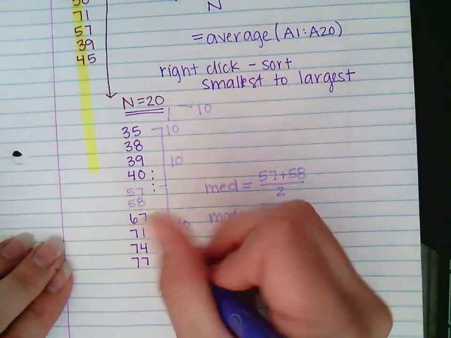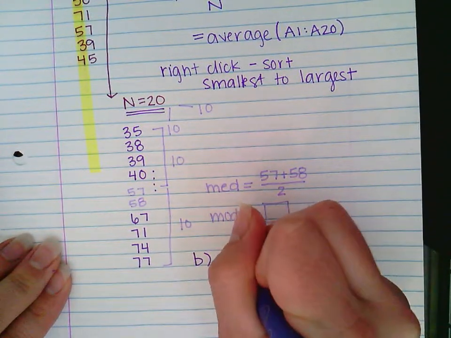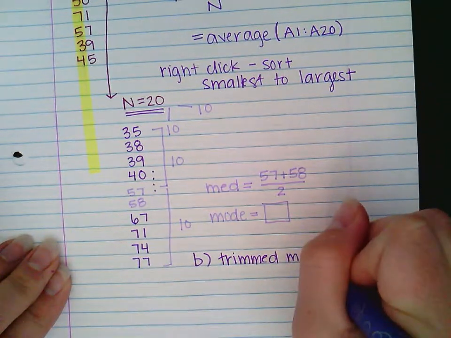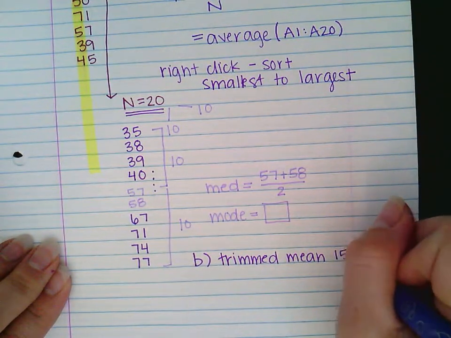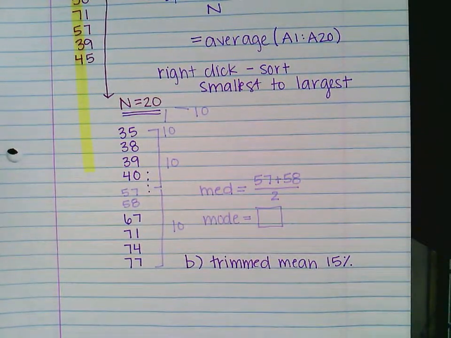And then part B of this problem wants you to find the trimmed mean at 15%. Now, what the trimmed mean does is it gets rid of the outside data, just in case there are any extreme outliers.